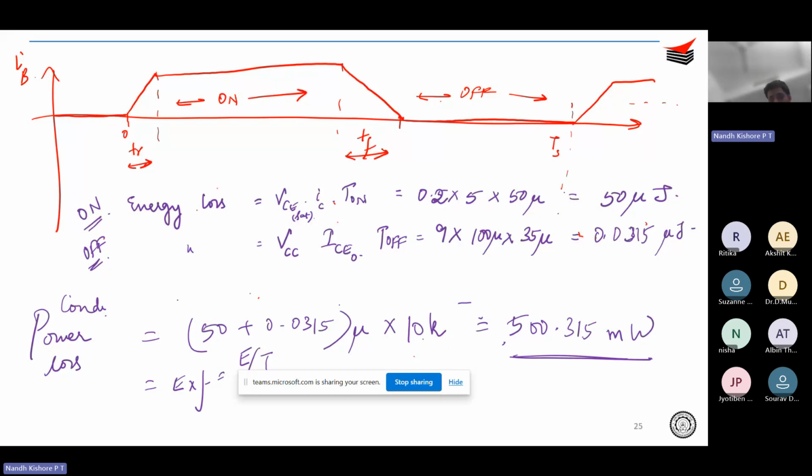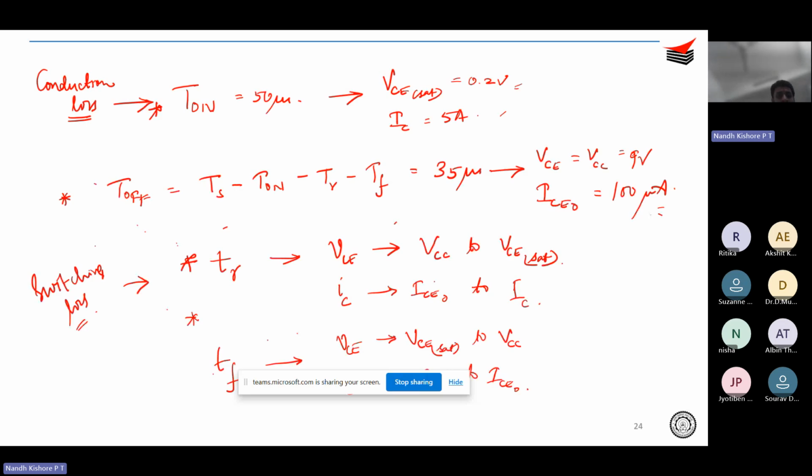We will find out what your switching loss component is. So switching loss can be due to TR and TF. During TR, IC increases from ICE not to IC, something like this, right?